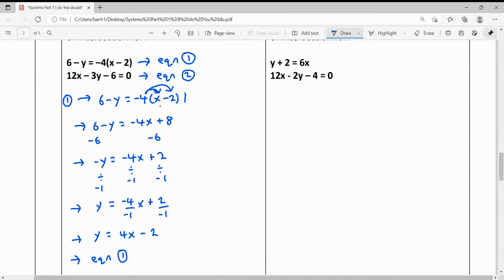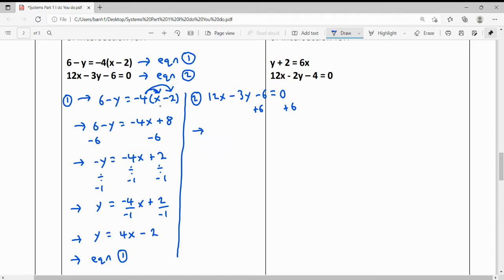Now let's solve for our second equation. For our second equation, we have 12x minus 3y minus 6 equals 0. In this case, I want to get y by itself on the left-hand side. So I'm going to start by adding 6 to both sides, the left and the right.